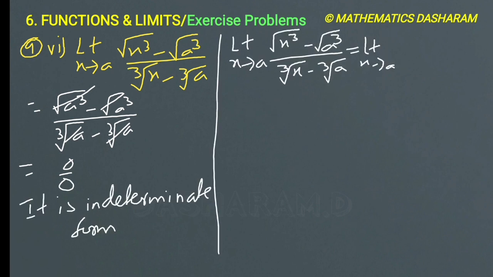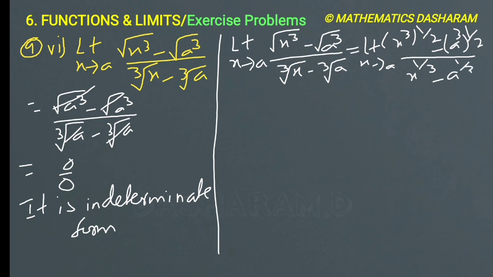So the numerator and denominator, write them in the exponential form. So x cube whole power 1 by 2 minus a cube whole power 1 by 2 divided by, here cubic root of x exponential form x to the power of 1 by 3, cubic root of a to the power of 1 by 3.